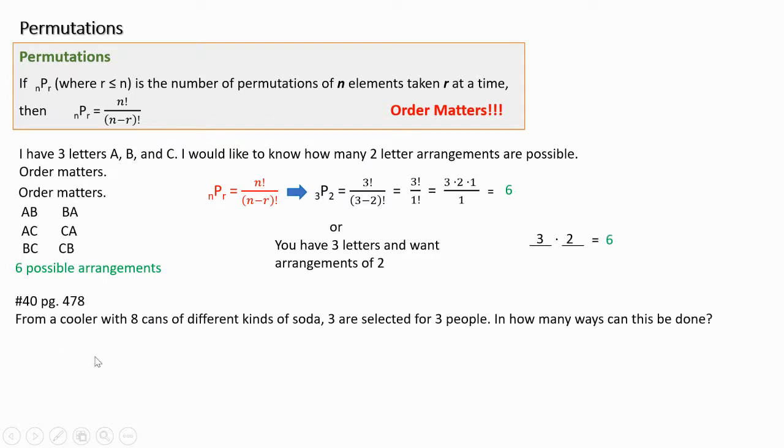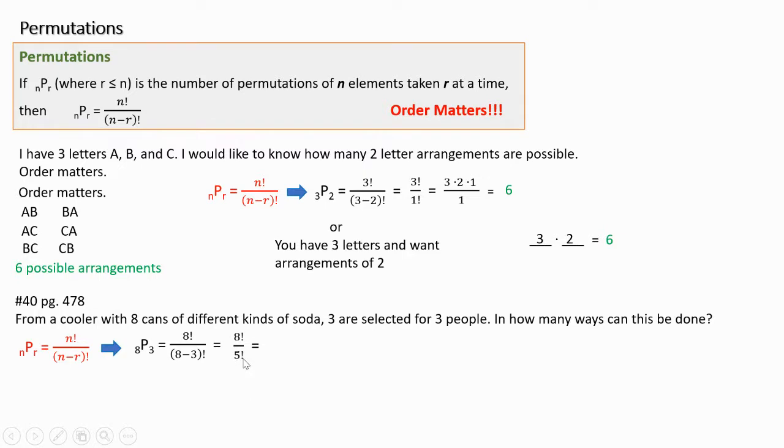This is number 40 on page 478. From a cooler with 8 cans of different kinds of soda, 3 are selected for 3 people. In how many ways can this be done? So it's going to be 8 permutation 3. Why? Because there are 8 different kinds of soda, and 3 are selected for 3 people. So what's the answer?